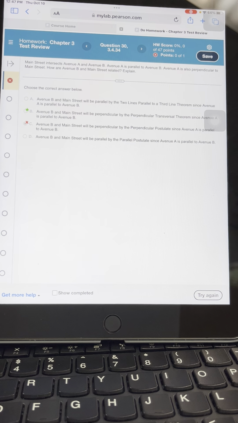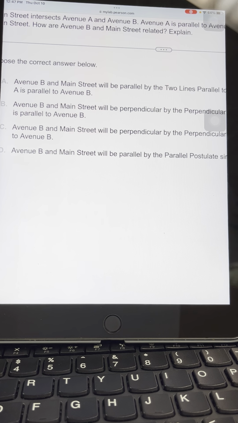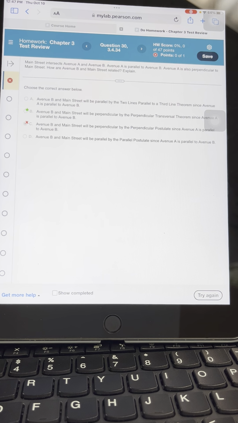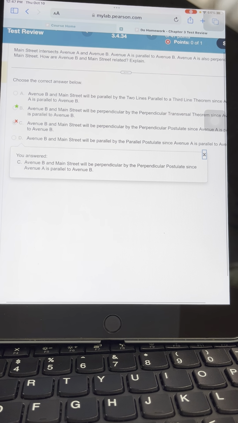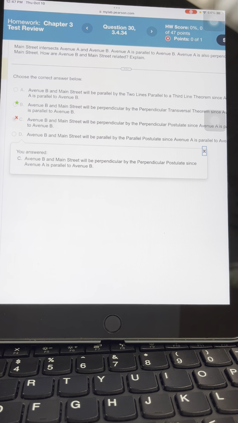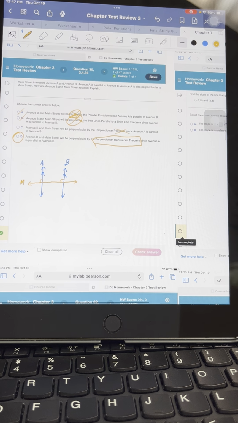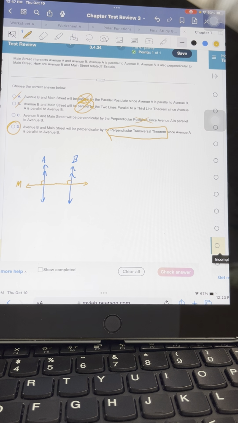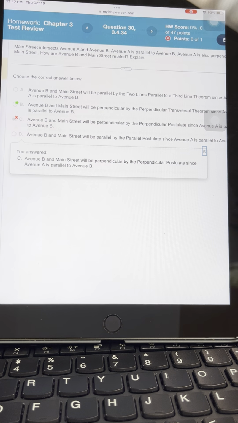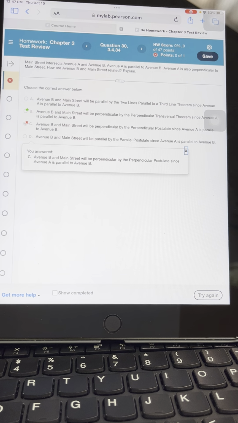Oh, because, guys, this question is different because of the order. Look, you see parallel, perpendicular, parallel, perpendicular, parallel. This is parallel, perpendicular. So the correct answer was still D. It was still B. Avenue B and Main Street will be perpendicular by the perpendicular transversal theorem.